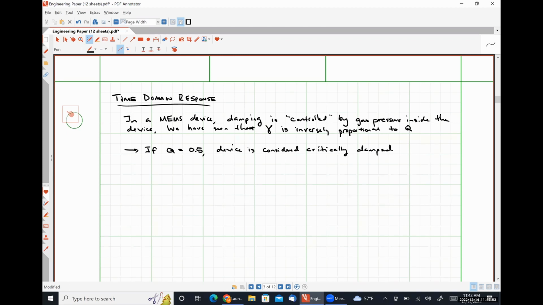So what critical damping means is that we get the fastest possible response time without experiencing what I'm going to call overshoot.